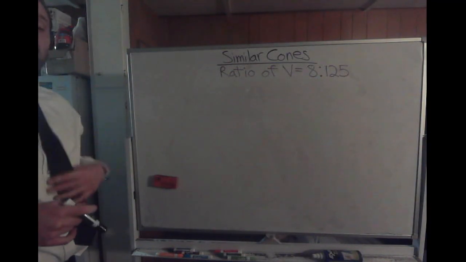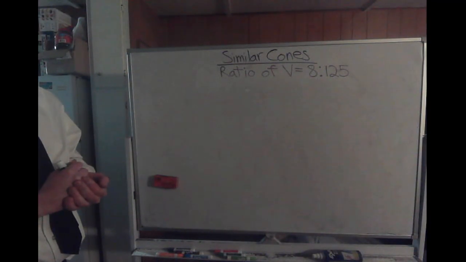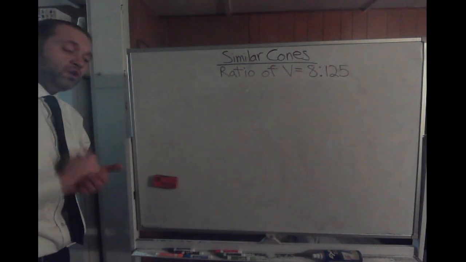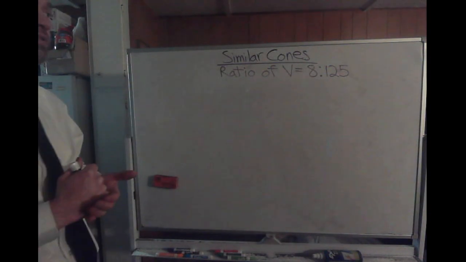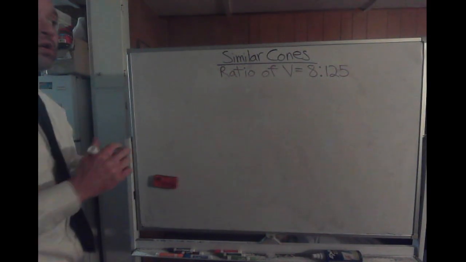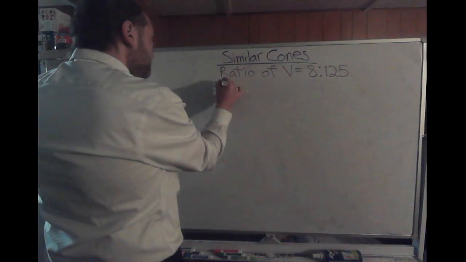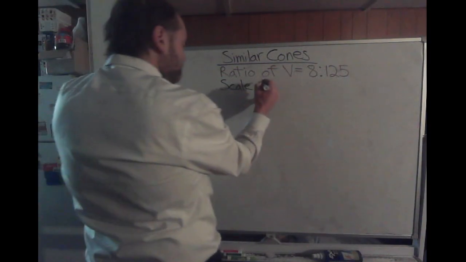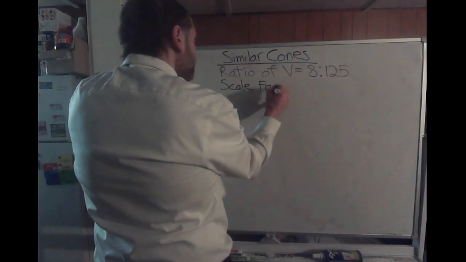Well, I would say we need to find the scale factor before we find anything else, right? So if the ratio of volumes is each part of the scale factor raised to the third power, that means that the scale factor would have to be the cube root of each part of the ratio of the volumes.